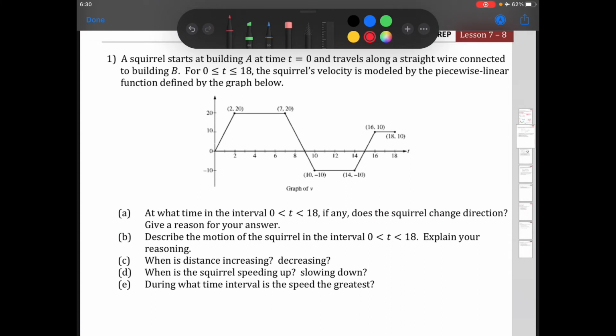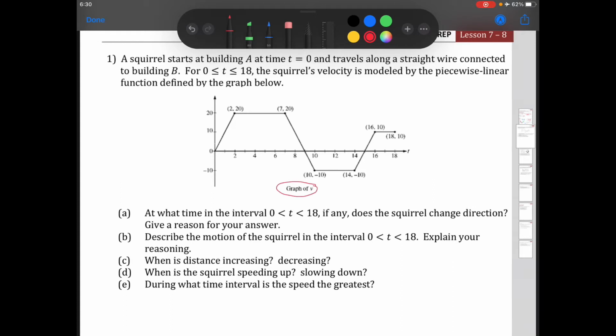So here in these questions, we're just going to analyze what's given to us and answer them based on the knowledge from our previous lessons. It says a squirrel starts at building A at time t equals 0 and travels along a straight wire connected to building B. For t between 0 and 18, the squirrel's velocity is modeled by the piecewise linear function defined by the graph below.